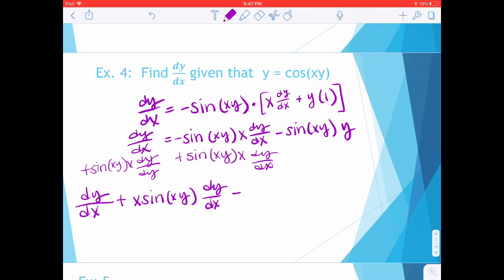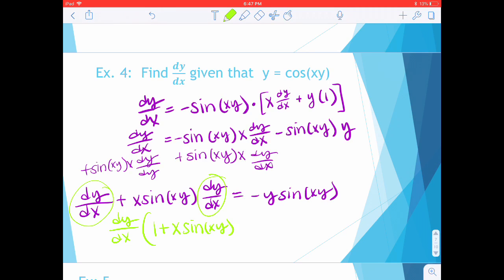Just move that x over, and then that's negative y sine xy. So now here we have dy/dx and dy/dx, so we can factor that out. So now we have dy/dx times (1 plus x sine xy) equals negative y sine xy.